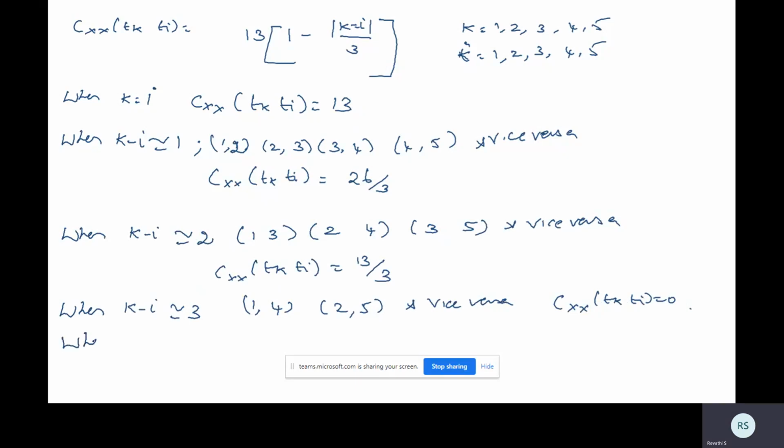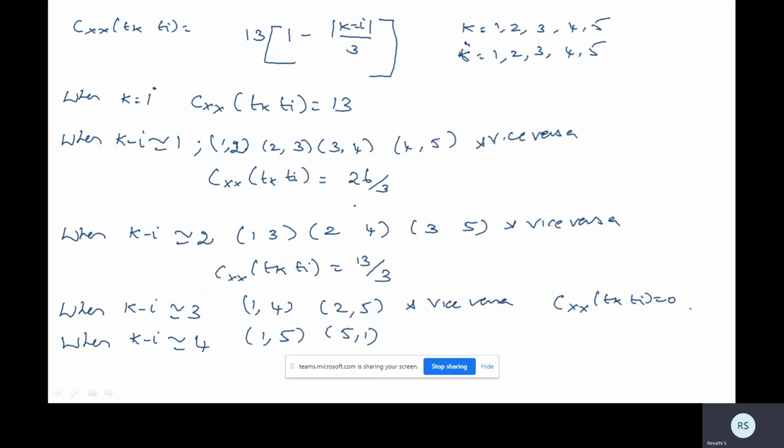And next, when K minus I difference is 4, the cases are 1 comma 5 and 5 comma 1. These two cases. So modulus of K minus I, the difference is 4, so this becomes 4 by 3. If you put 4 by 3, 1 minus 4 by 3 will give you a negative value.